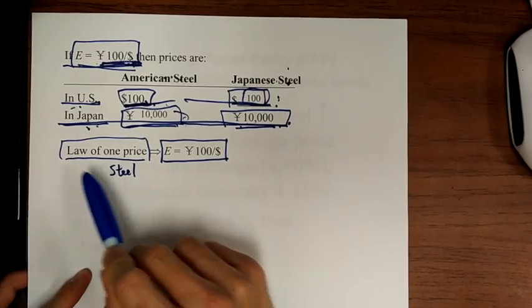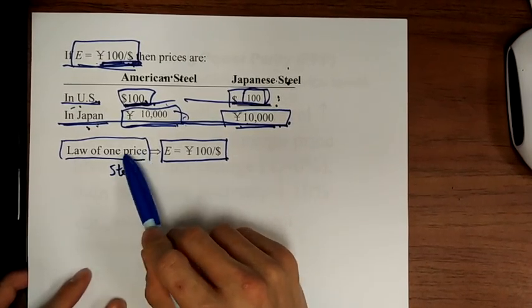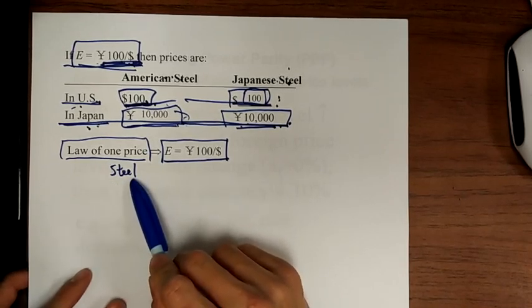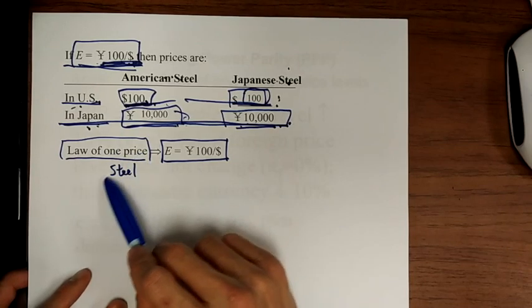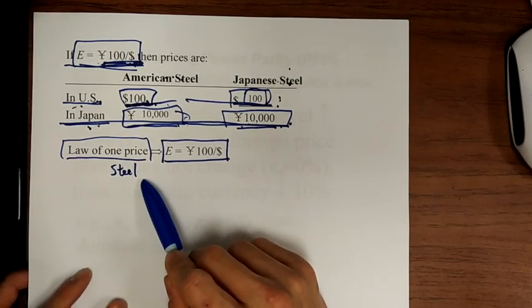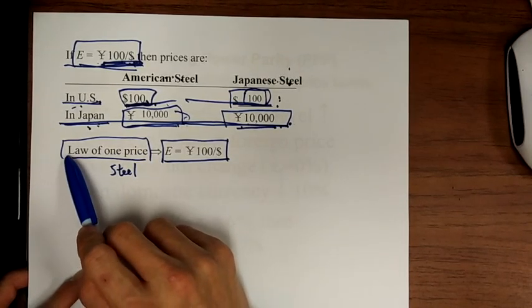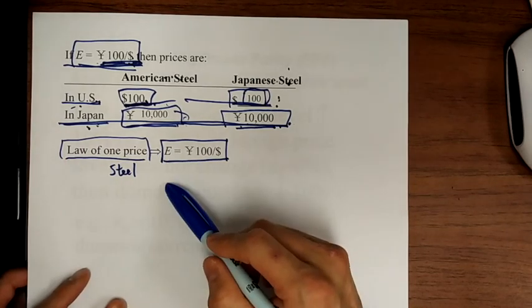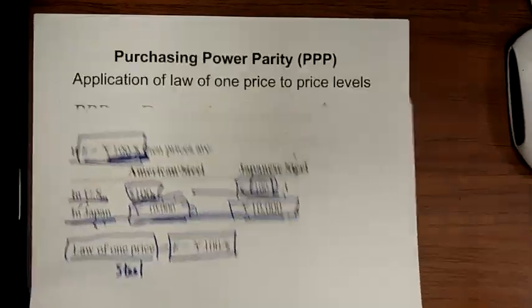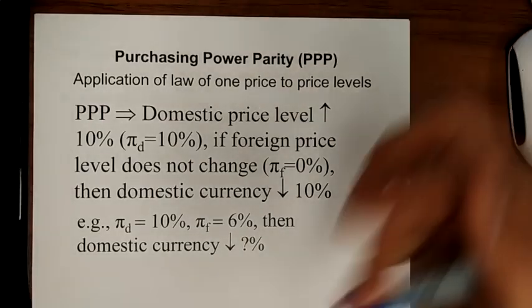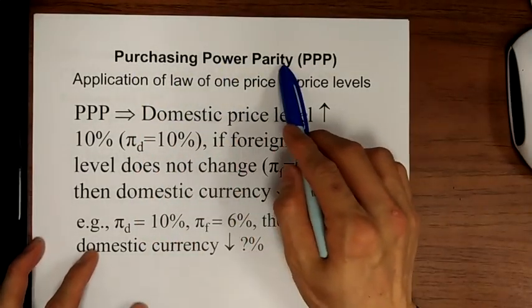You can also have the law of one price applied to Big Mac, or the law of one price applied to bicycles. So if you apply the law of one price to all the goods and services between two countries, then we get purchasing power parity.